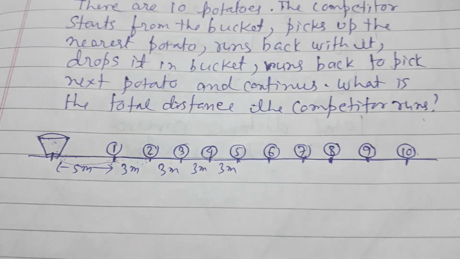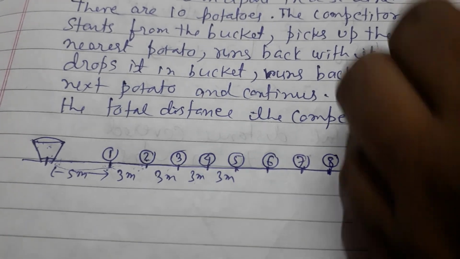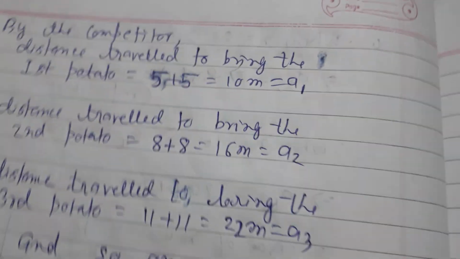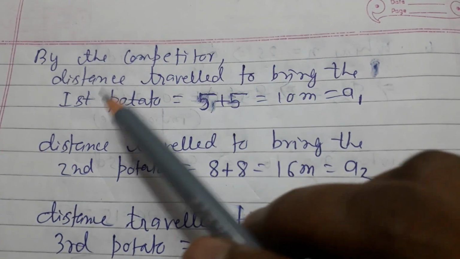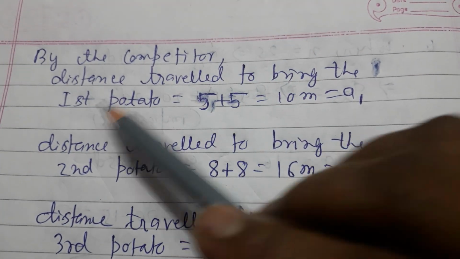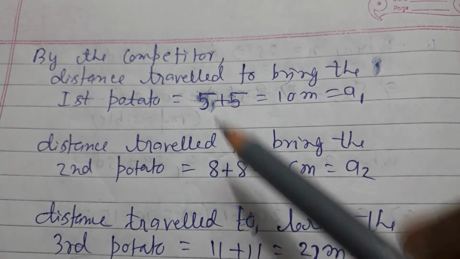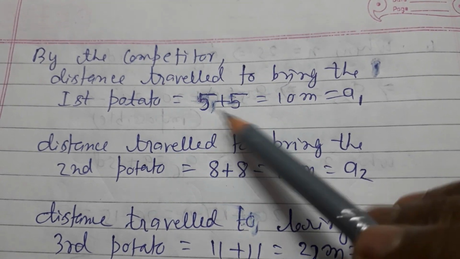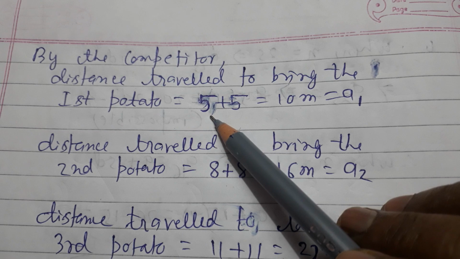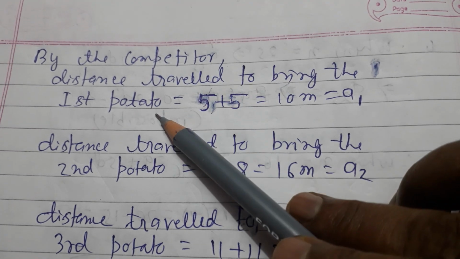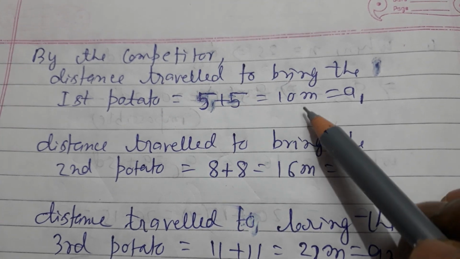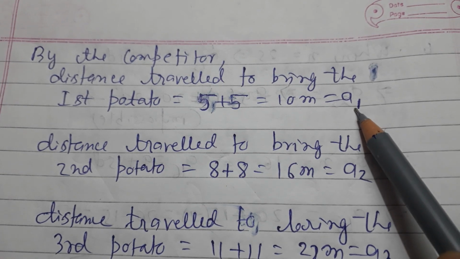Okay, understand. Now look, the distance covered by the competitor to bring the first potato equals 5 plus 5. For going he has to cover 5 meters and for coming back 5 meters. So it is 10 meters, and that is A1.